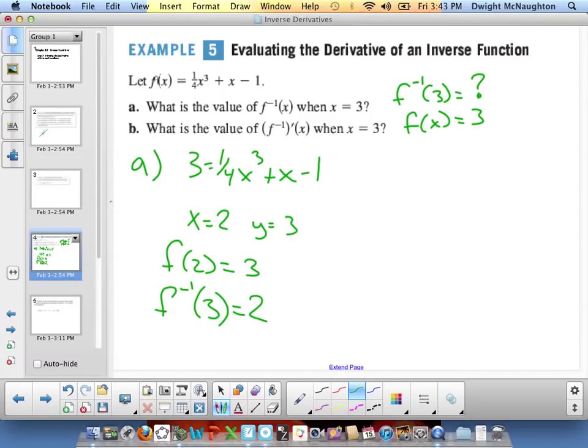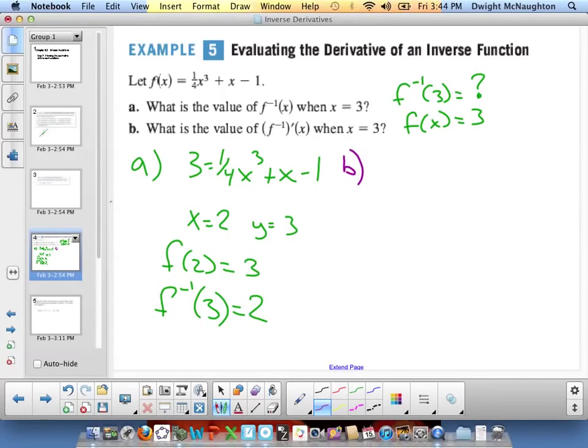All right? So let's answer the second part. What is the value of f inverse prime of x when x equals 3? Well, first we need to find f inverse prime. We can't really find f inverse. However, we can find f inverse prime. How can you do that? Well, follow the directions for finding an inverse first. We'll switch.